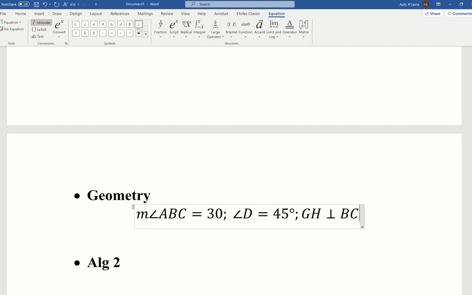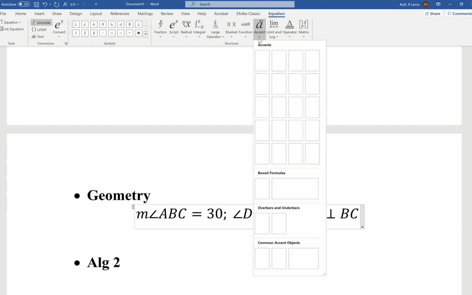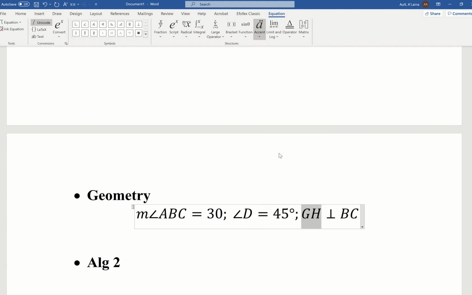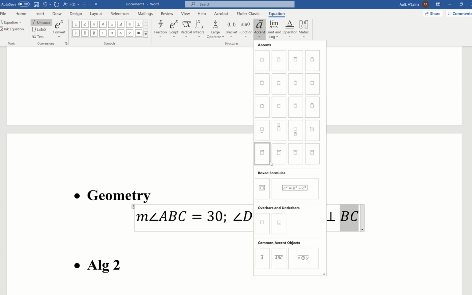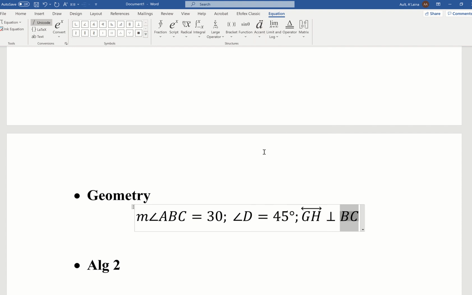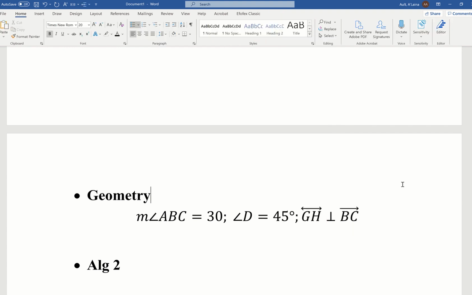I could do that. If I wanted to put in maybe like arrows right here, I could highlight something and go under accent. And I could choose the symbols for lines and for arrays, depending on what I wanted it to look like. Which is great.